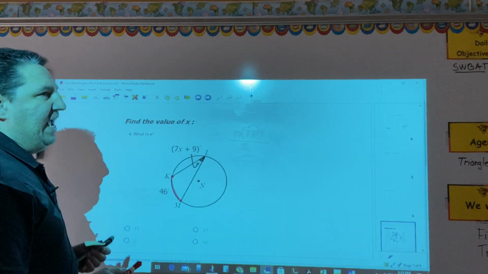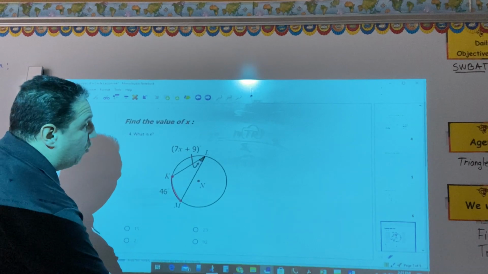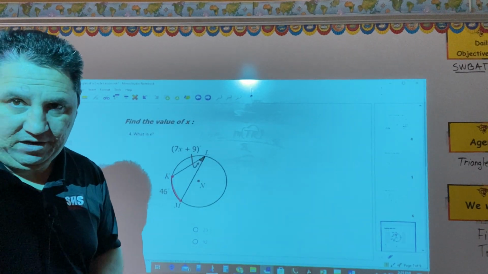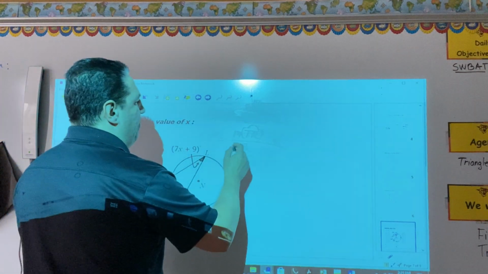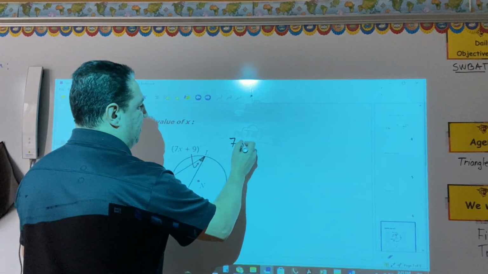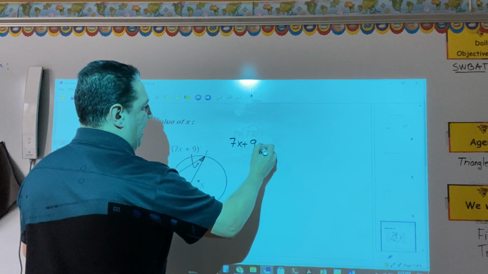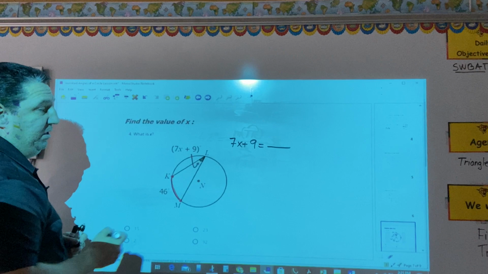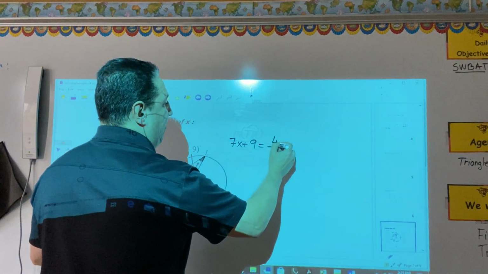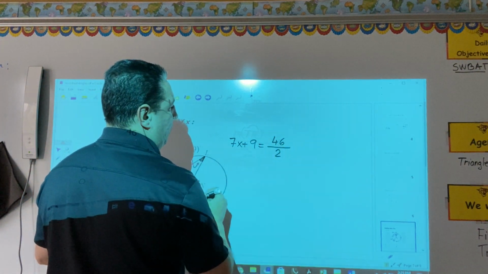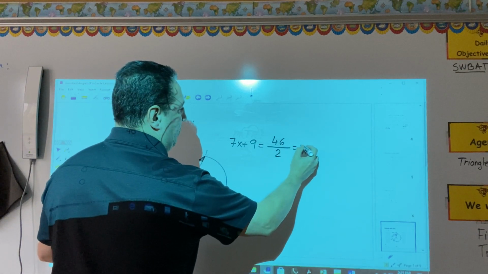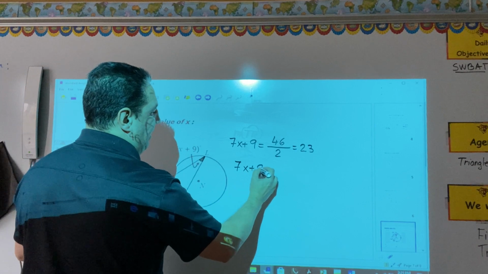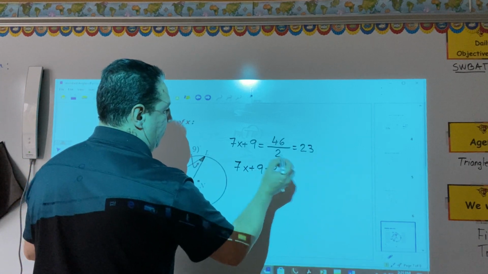Now, we write the equation according to the inscribed angle theorem. The measure of the inscribed angle, which is 7x plus 9, equals half of its intercepted arc, so 46 divided by 2. 46 divided by 2 is 23. So, we have 7x plus 9 equals 23.